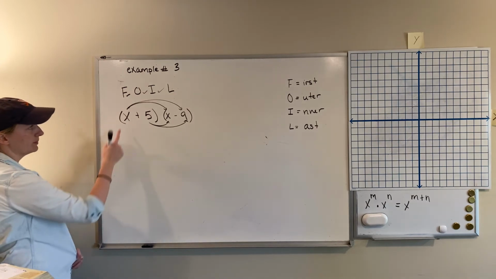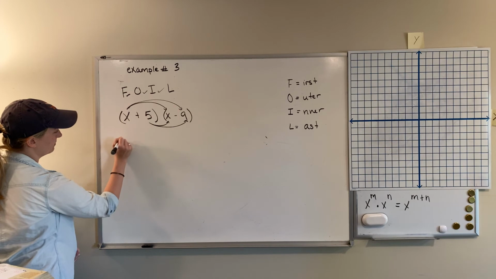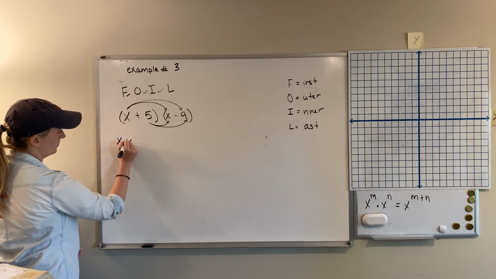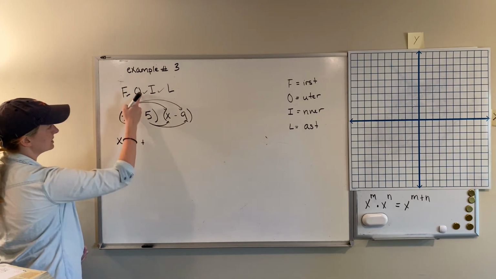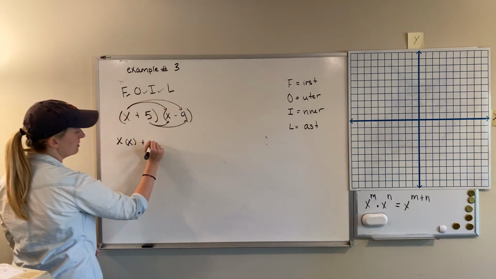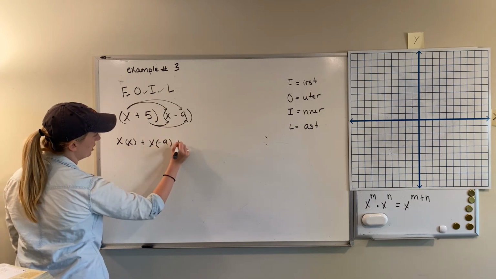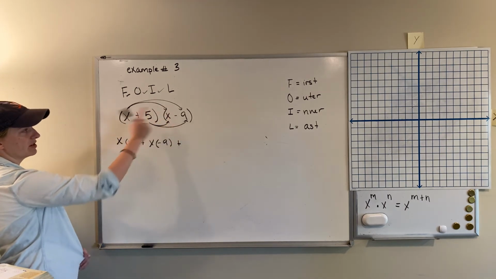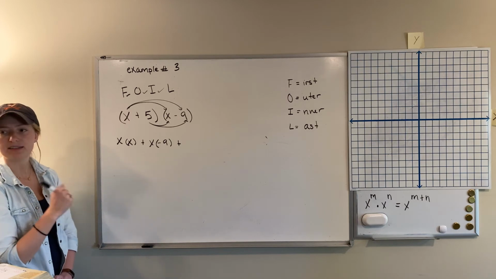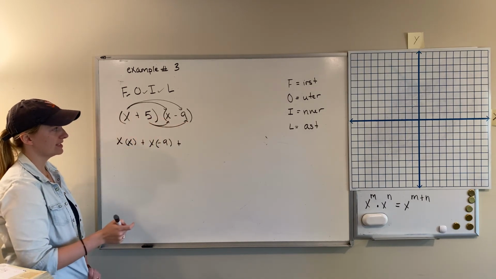But slowly, our first terms get multiplied. So x times x plus O are outer terms, x times negative 9. We've now distributed an x to everything on the inside of our second set of parentheses. Now we have to distribute 5 to everything on the second set of parentheses.